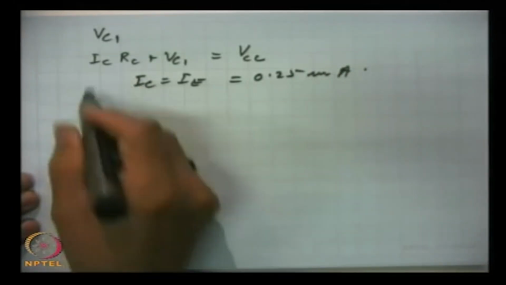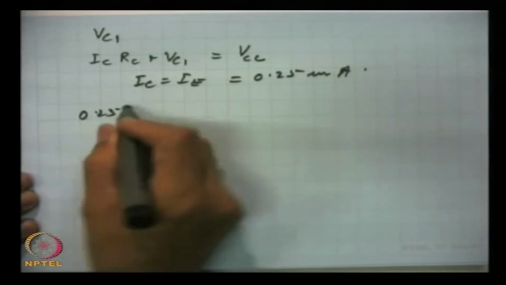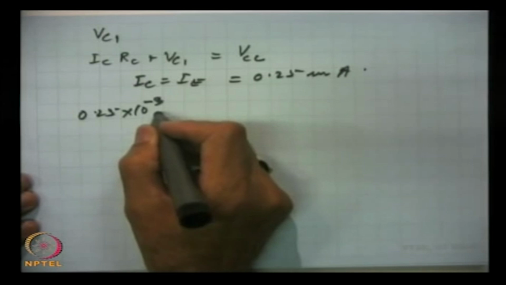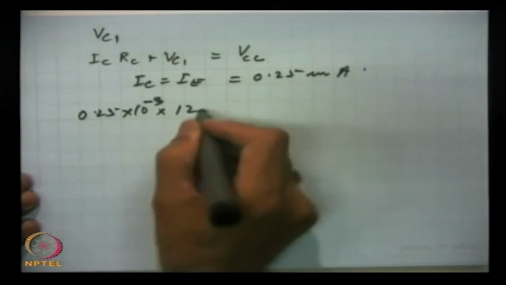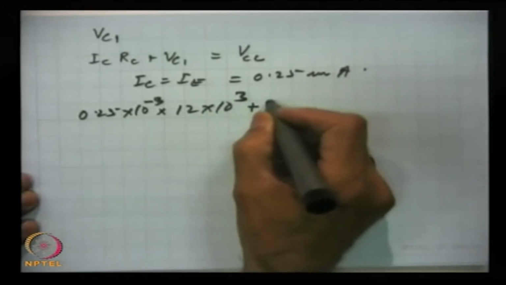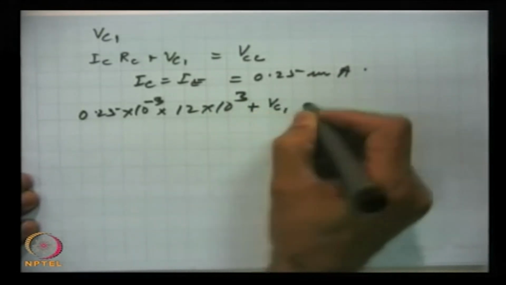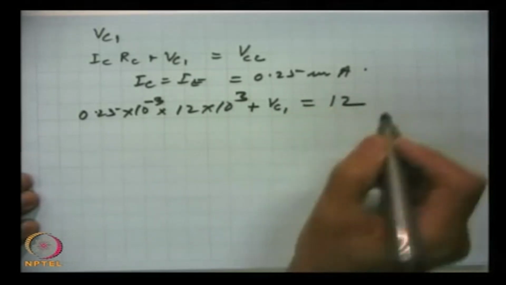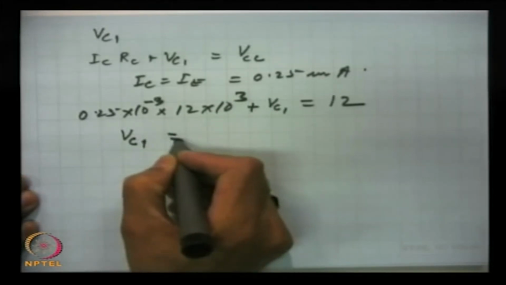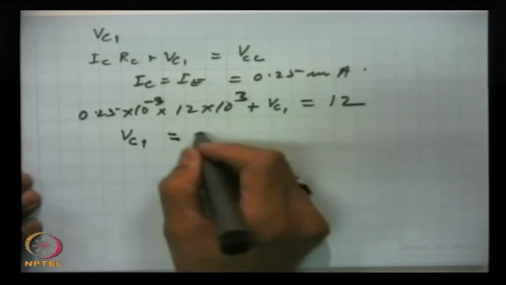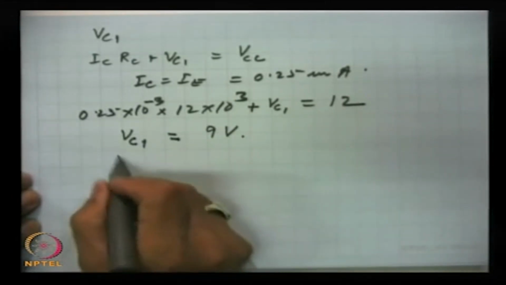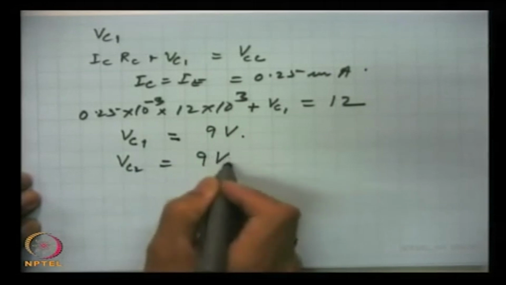So, this current we substitute here: 0.25 into 10 to power minus 3 into RC, RC is 12 K, plus Vc1 equal to 12, and from here we get Vc1 at 9 volts. Vc2 will also come out to be at 9 volts.